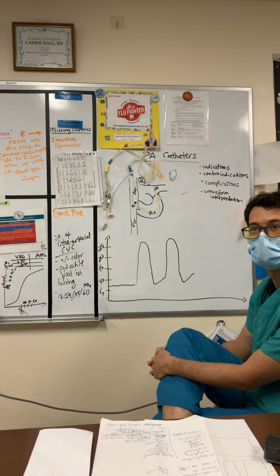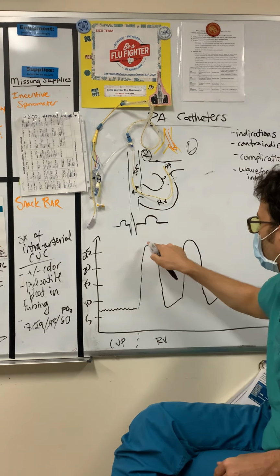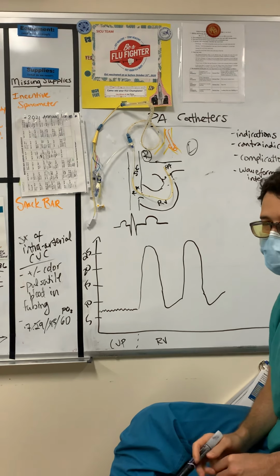If I were to draw an EKG superimposed on top of this, it would look something like this, where this is your P wave, this is your QRS, and this is your T wave. So what would this peak number be, if we were to give it a name?